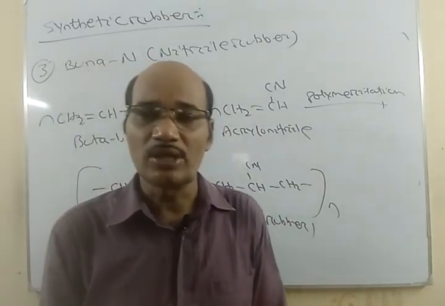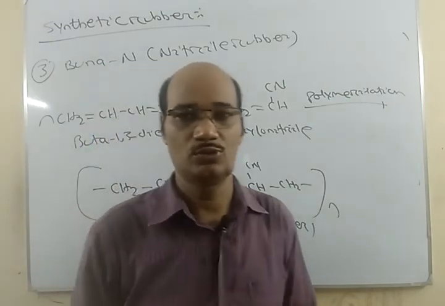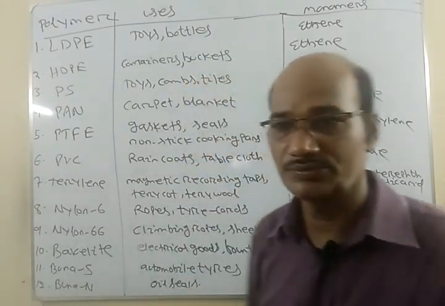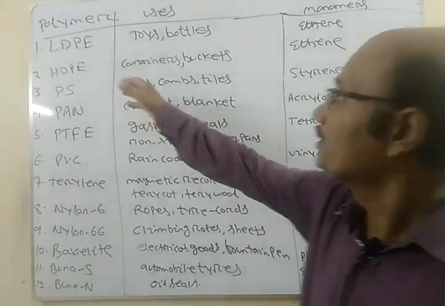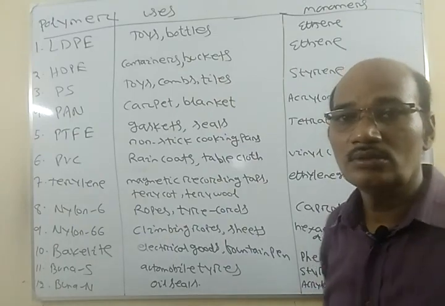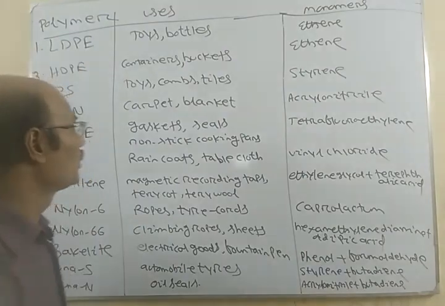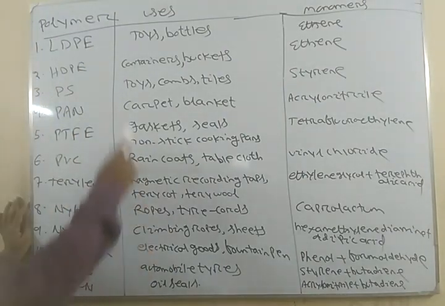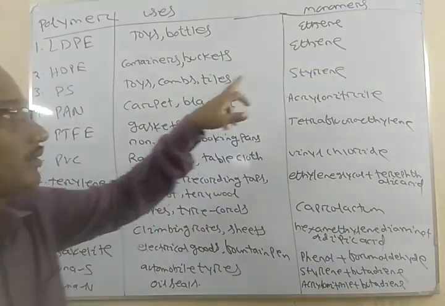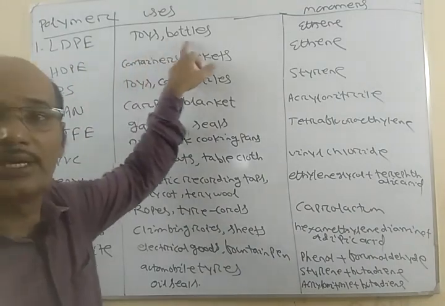Now let us have a summary of the different kinds of polymers and their uses. Here you see different polymers, their uses, and their monomers. First, LDPE, low density polyethylene, where the monomer is ethene, used for making toys and bottles.